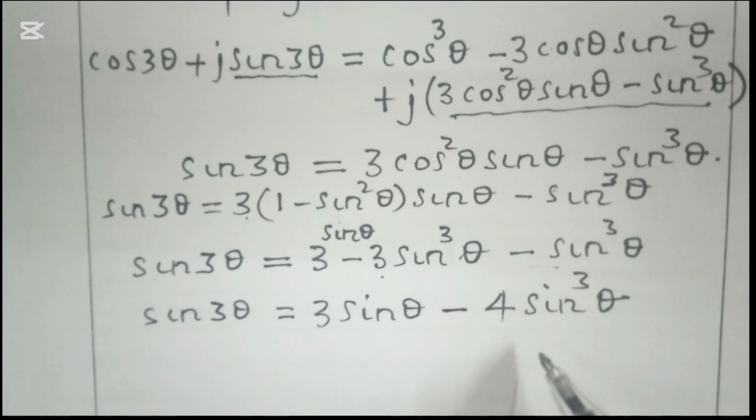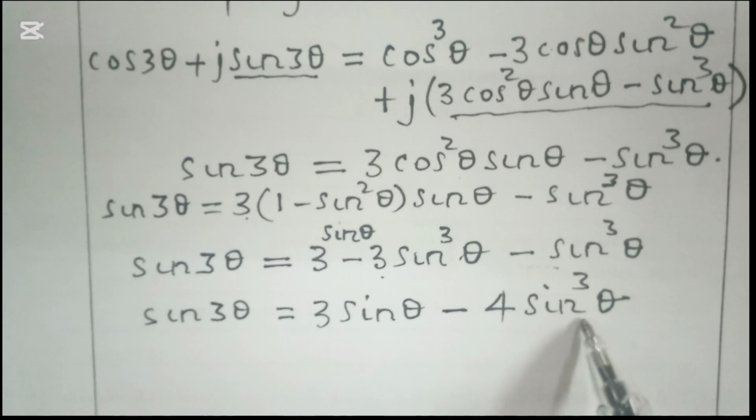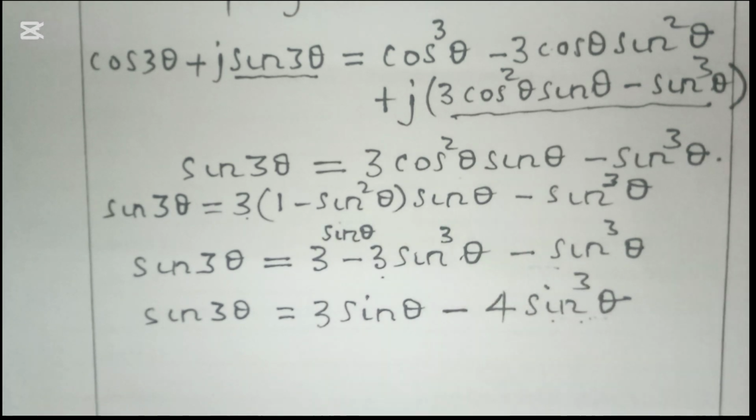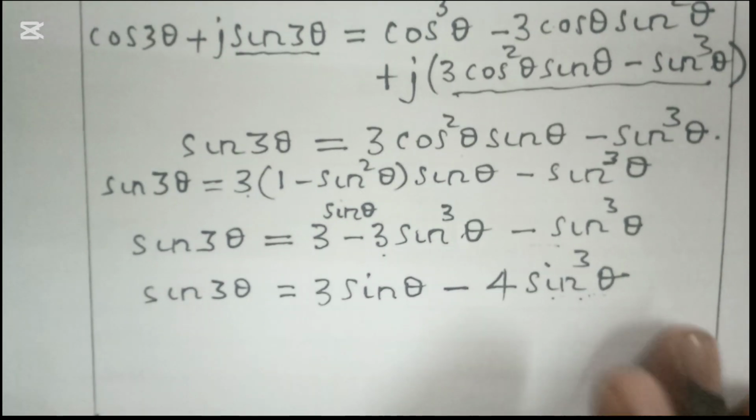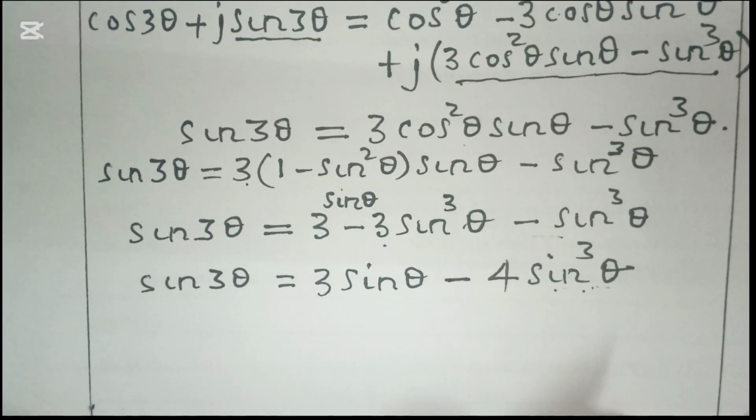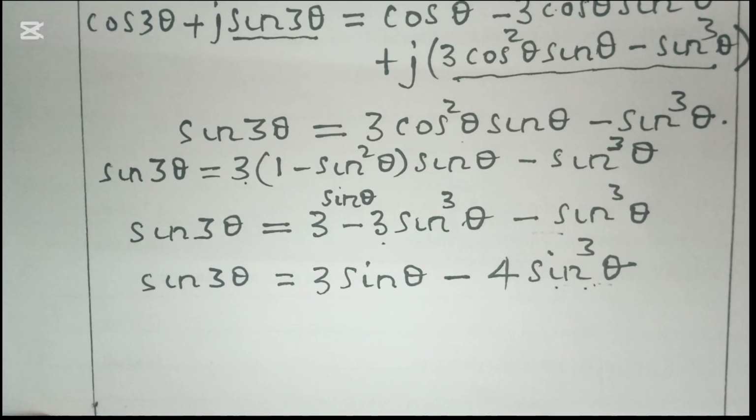For example, here we have sine squared theta multiplied by sine theta, so that we can have sine cubed. And so we can now write it in terms of hyperbolic.